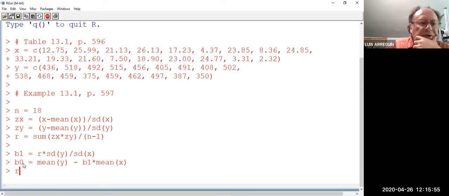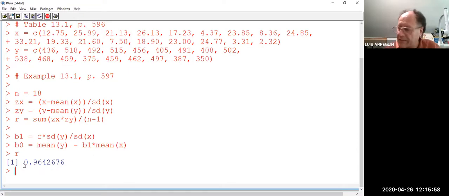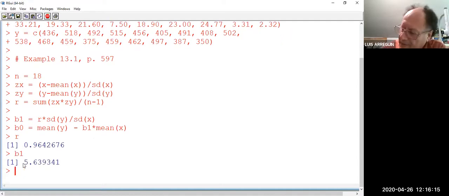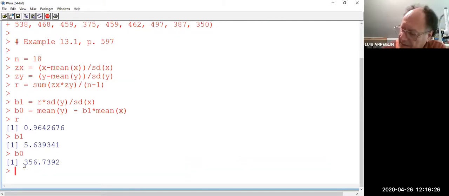So let's start with R. R is 0.9642676. Then the slope is 5.6393415, and finally the y-intercept is going to be 356.7392.